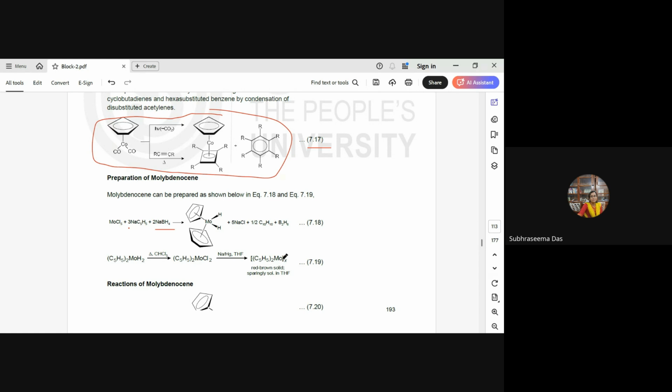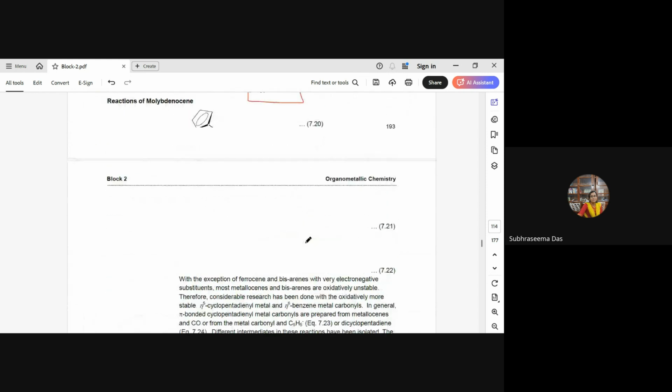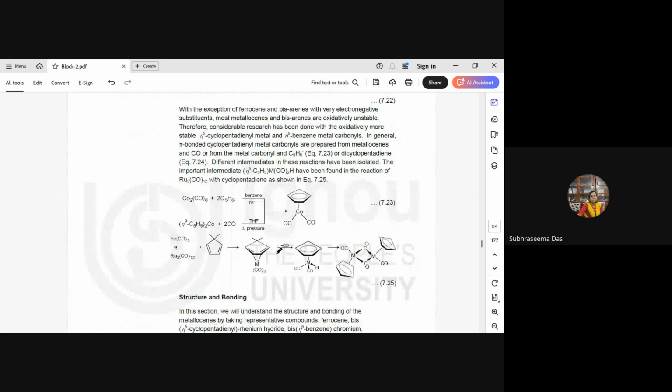Then finally it has to be purified and crystallized using NaHg, that is sodium mercury amalgam, in THF, and it forms the complex. Then coming to certain reactions of molybdenocene: different intermediates have been reported, and some of the reactions of molybdenocene are shown here.